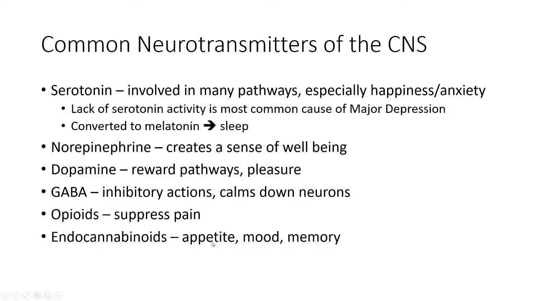There's still plenty of research to go, and a lot of the supplements they're selling you on the street or at the gas station or wherever else it's just crap. But THC has an effect in the brain because there are endocannabinoid receptors in the brain. Our brain naturally produces cannabinoid substances that will stimulate the endocannabinoid receptors, and they control, of course, you guessed it, appetite, mood, and memory.